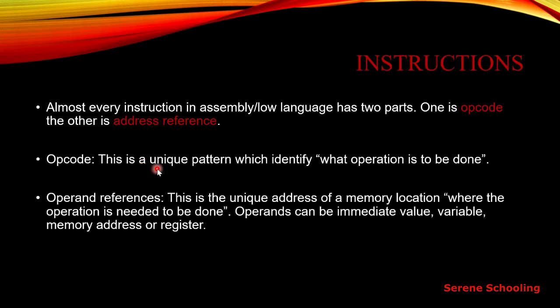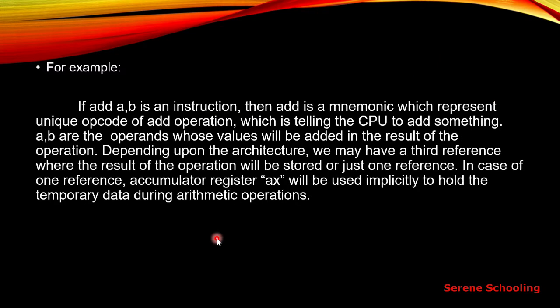Opcode basically identifies what operation is to be done, like addition or subtraction or these kinds of things. And operand references, this is the unique address of the memory location where the operation needs to be done. Operands can be immediate values, variables, memory addresses, or registers. So we will see this in detail in the next slides.